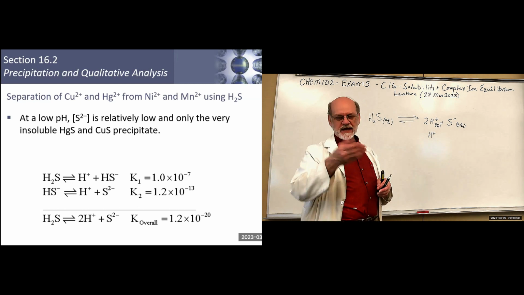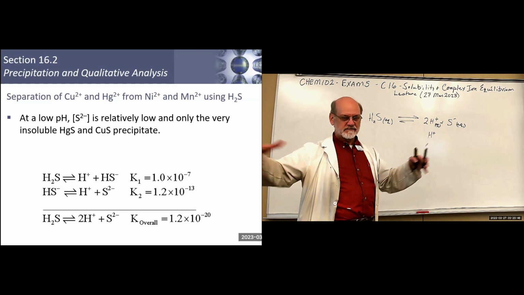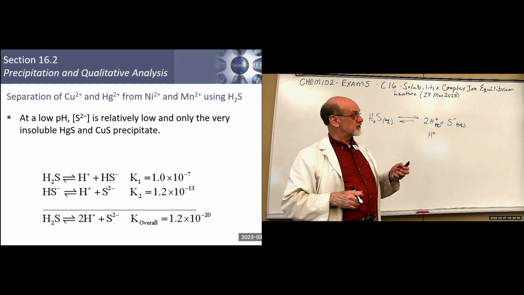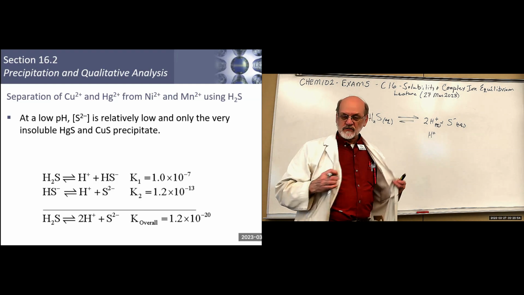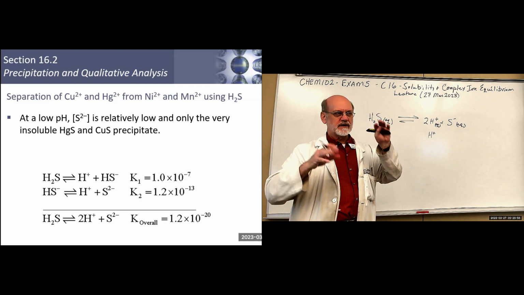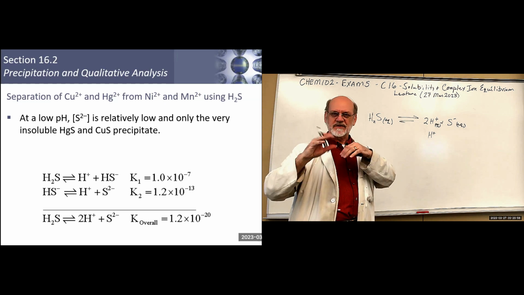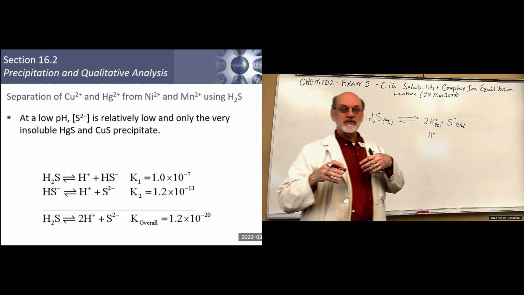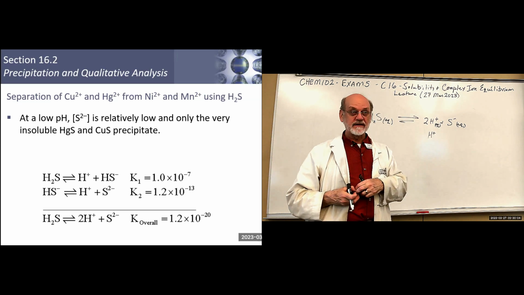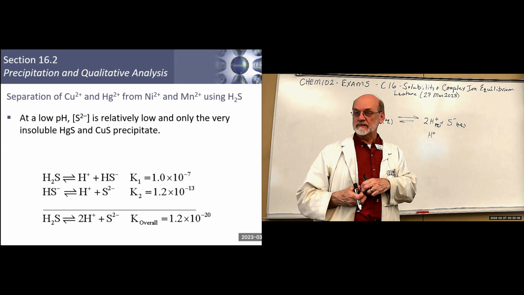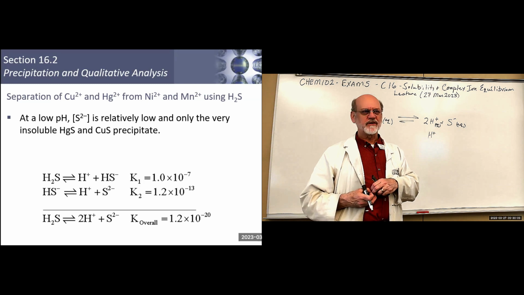We do these types of precipitations and selective precipitations, and use color and any kind of qualitative indicators to analyze a solution or a sample, kind of like being in forensics.